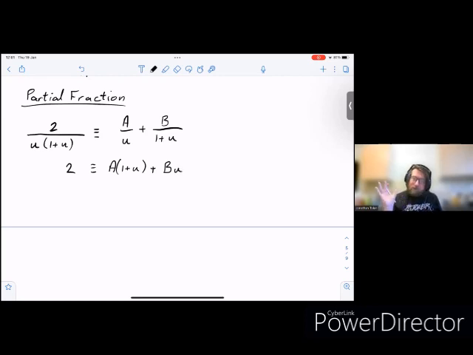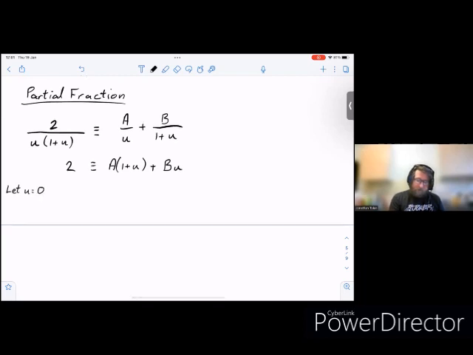Now we're going to sub in different values of u in order to find out what a and b are. Because this is valid for all values of u, we can just make u equal something. Let's make u equal a value that makes one of these, a or b, disappear, because that's going to be the easiest way to do this. Let's make b disappear by making u equal to 0.